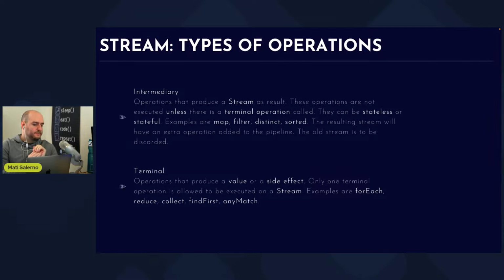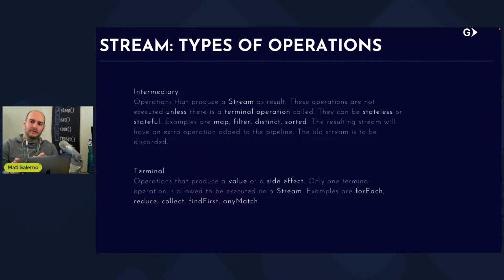So we move on a little bit more. We have different types of operations with streams. For example, we have intermediary operations, and these operations are basically things that transform the elements or visit the elements of the stream or transform the stream itself, but they don't complete the use of the stream. For example, map, filter, distinct, sorted.